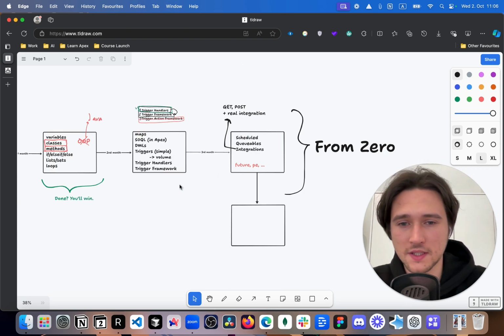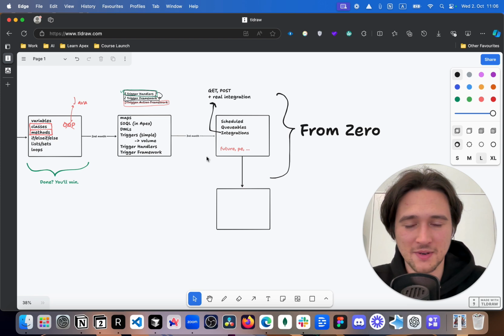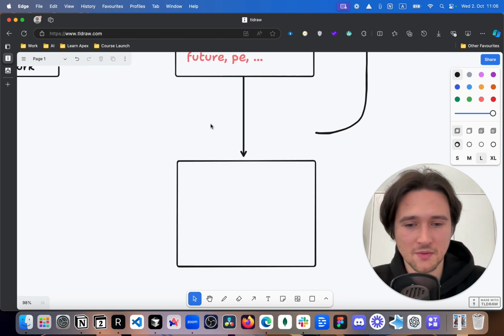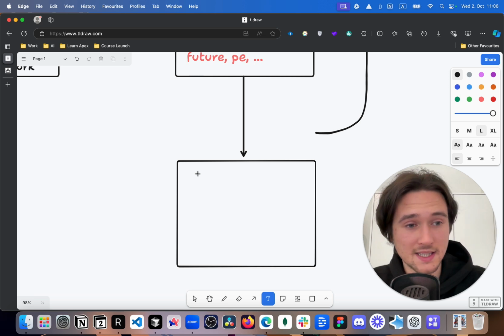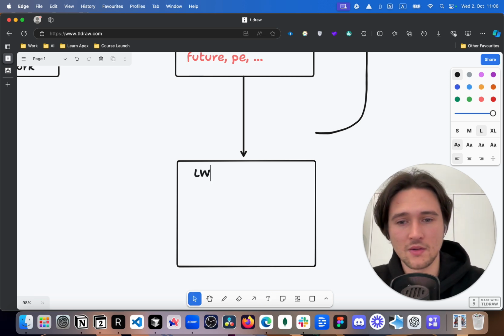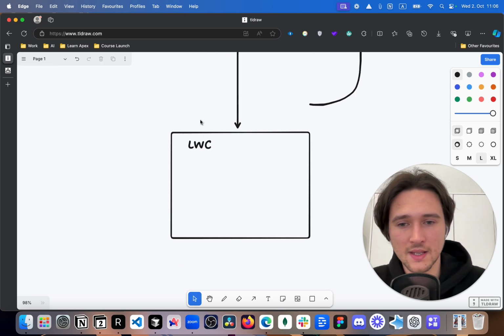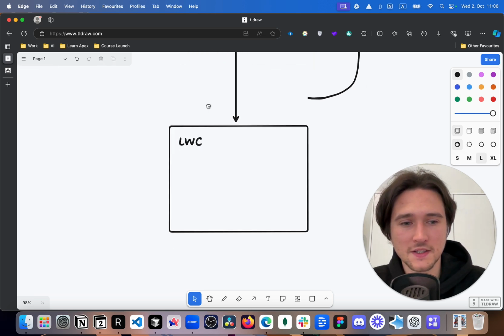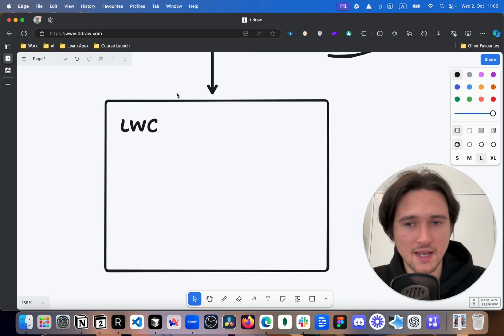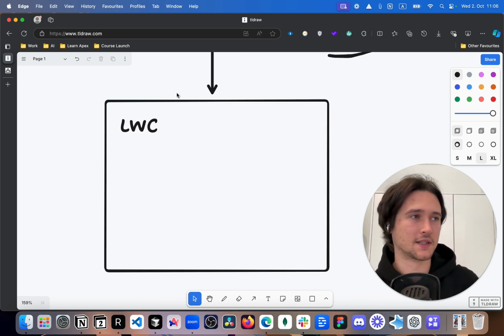Okay, so you have these integrations. After the integrations, and let's assume you don't know those things, you need to go to LWC. And LWC takes 1 whole month at least. It's a huge topic and there's a lot of stuff to learn.